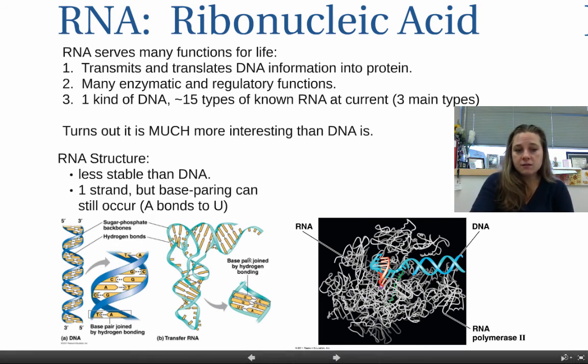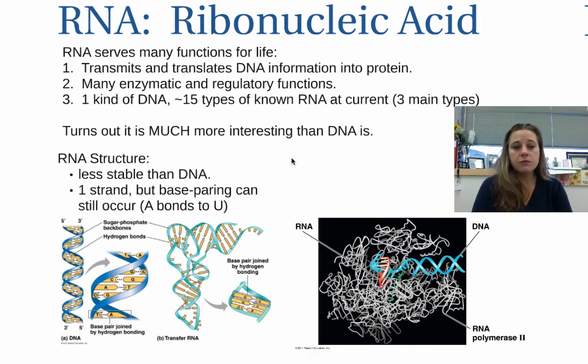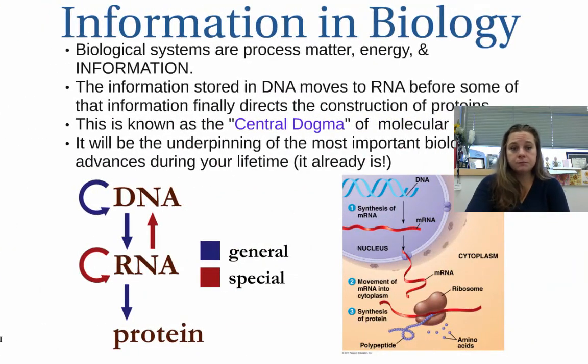And we can fold it for things like transfer RNA, the RNA responsible for taking the amino acid to the ribosome. So we can fold it, it can be manipulated, and it's just downright important. So yeah, can't say enough. I'm not going to spend a ton of time here because we're going to be getting to it down the road.